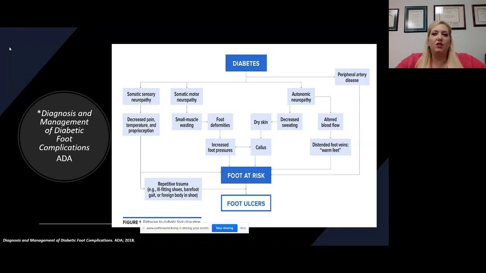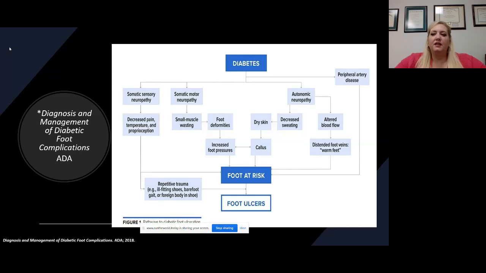So those interdigital and interossei muscles won't get the nerve function, and patients will end up developing foot deformity, so structural abnormalities. They can develop hammer toes or bunions, and these are increased pressure points. Combined with that sensory neuropathy, they have a bunion or a hammer toe, they have a poor-fitting shoe, and that's an area that will rub and break down.